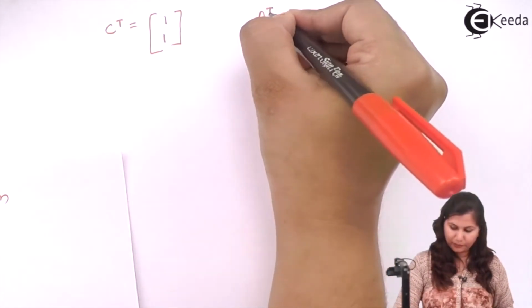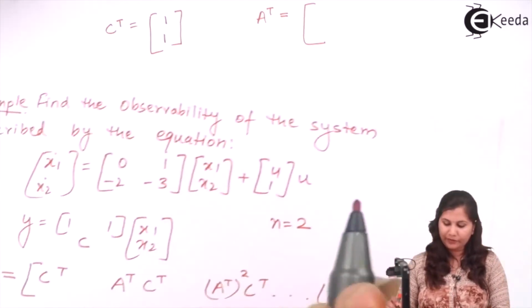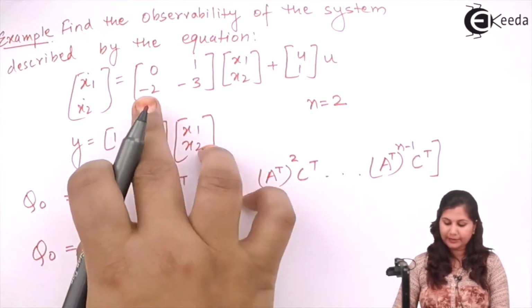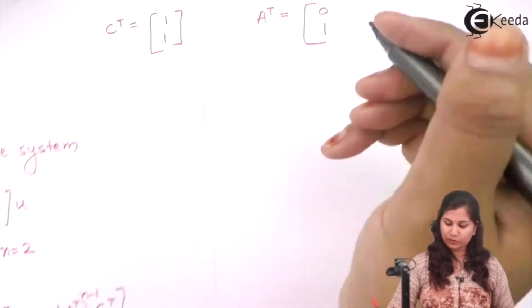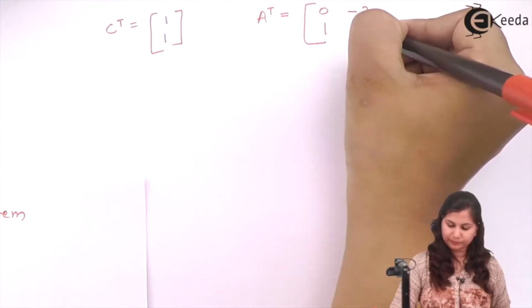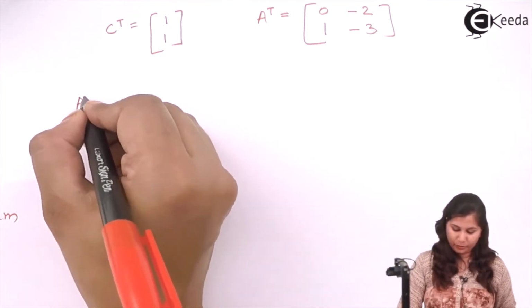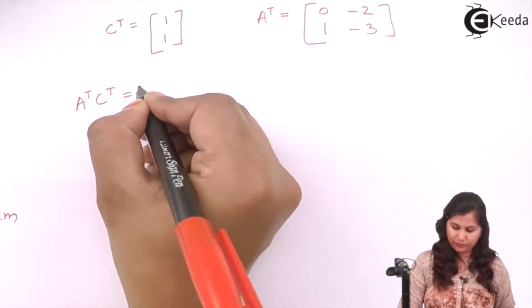Now A transpose: we have the first row as 0 1, so it will become the first column, and the second row as -2 -3, so it will become the second column. This is A transpose. Now we have to find out A transpose C transpose.